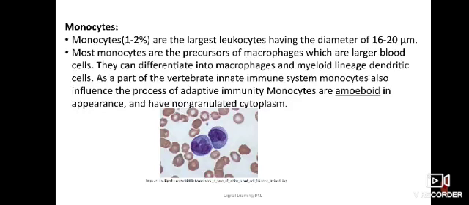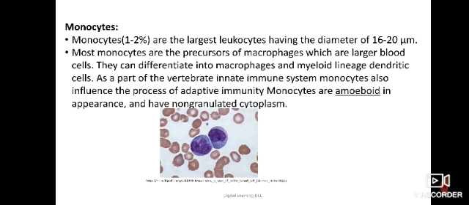The next type of agranulocytes are the monocytes. Monocytes account for about 1 to 2%. They are the largest leukocytes, having a diameter of 16 to 20 micrometers. Most monocytes are the precursors of macrophages, which are larger cells.